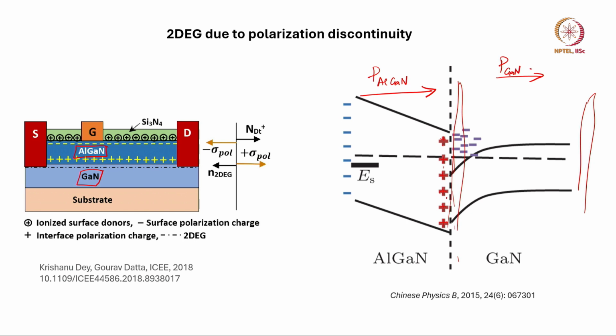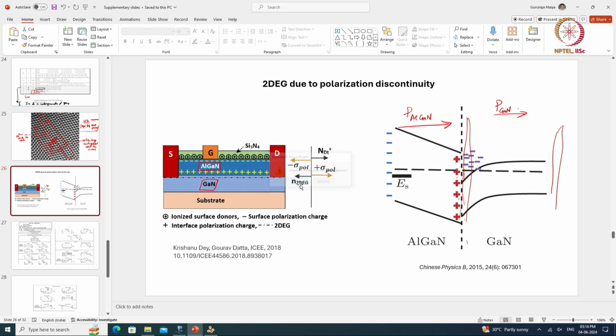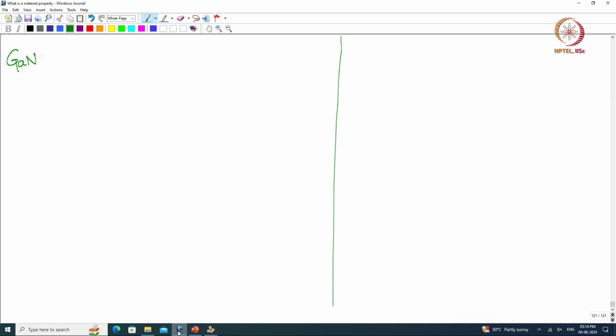Okay. Now I have an interface. So here I have aluminum gallium nitride and here I have gallium nitride, which means I have an interface between aluminum gallium nitride and gallium nitride. Both of them have different polarizations.